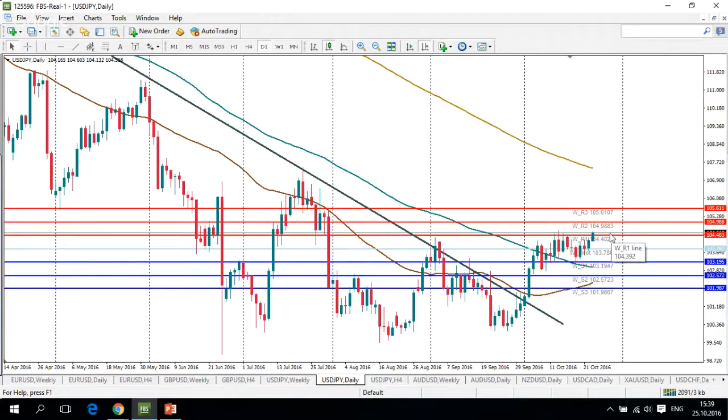So these weekly pivot levels do correspond to what we have seen on the weekly chart, to the potential for this week. Also, we have this area of consolidation, which took place mainly between the 103 and 104.50 marks, and a break above this consolidation area will provide more scope for the US dollar to strengthen.